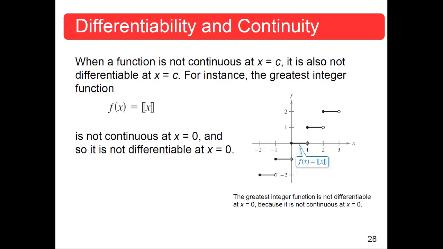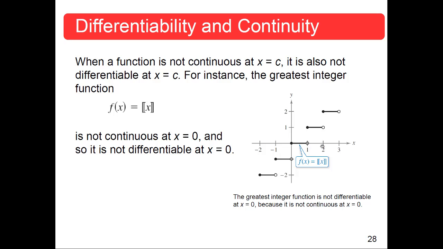Okay, we've talked about the step function before. The step function, or the greatest integer function, says you find the function value by finding the greatest integer less than or equal to the x value. So think about 1.5 right here. The greatest integer less than 1.5 is 1.